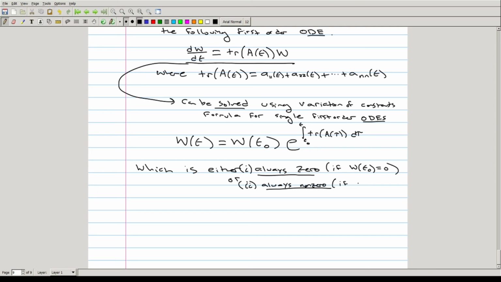This is if the Wronskian at t naught is non-zero, because this exponential function is always non-zero. So this is very, very cool.